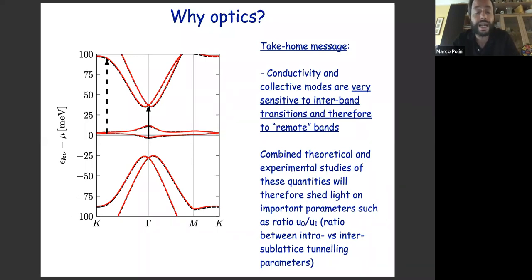And so the claim is that by doing the studies that I'm going to talk about, we are able to access parameters which are difficult to extract with other tools.